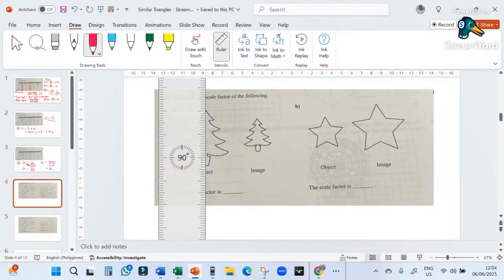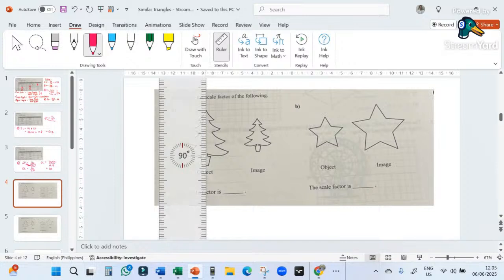This is what is nice with scale factor. You can use a scale which is 1 is to 10. Whatever straight edge or ruler you're using, whether it's in inches, centimeters, or millimeters, it will still come out to be the same answer.